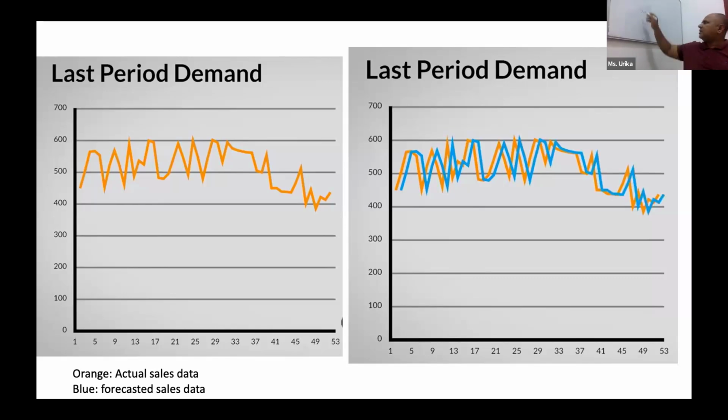Do you think same Qatar or different Qatar? Different.